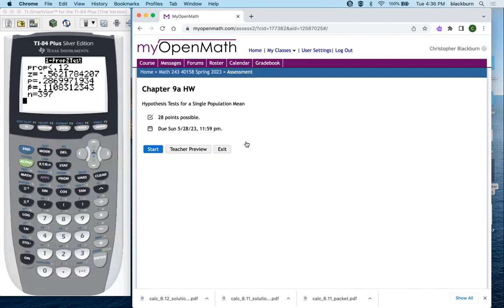Or if you have the single population proportion problems, like in the second section, we would use the proportion z-test for that one. If you don't know the standard deviation of the population for the population mean, we use the t-test. But that'll be pretty easy to figure out when we do the problems.